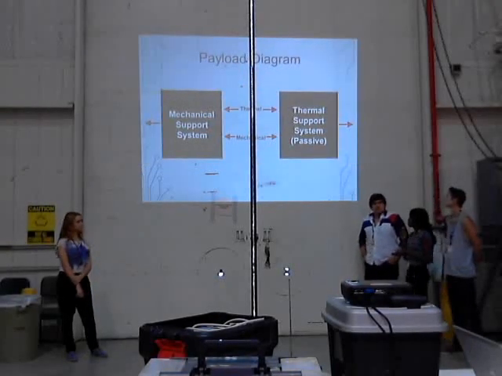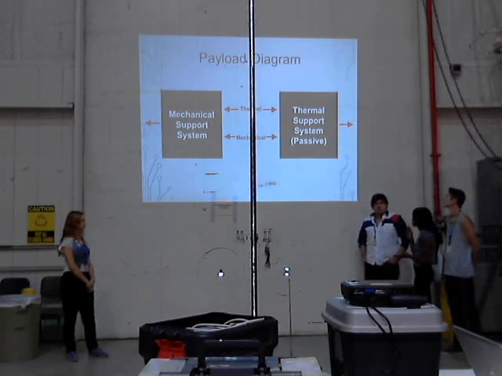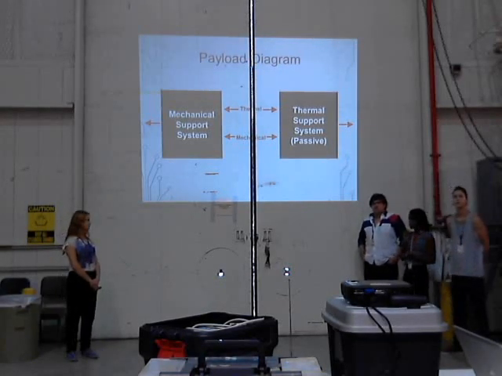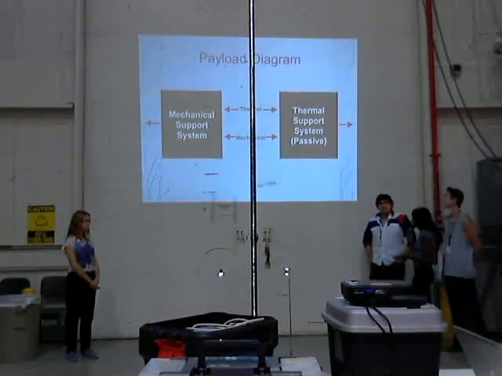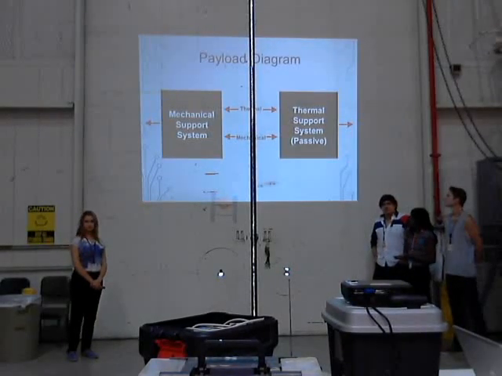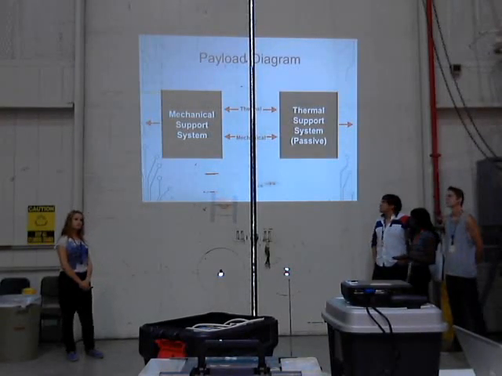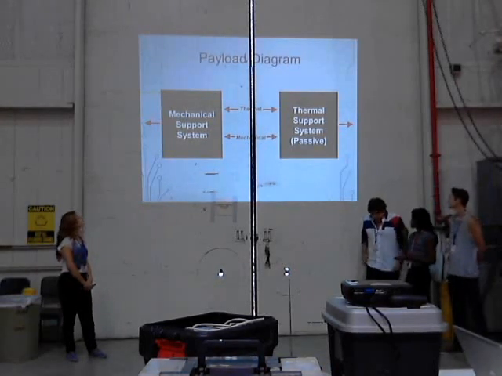So our payload diagram has two systems: the mechanical support system and the thermal support system. The thermal support system is passive. That basically means that it does not have a heater. It just relies on the material of the box.